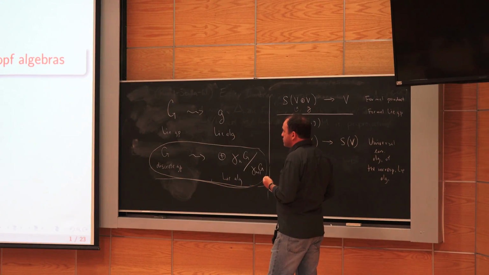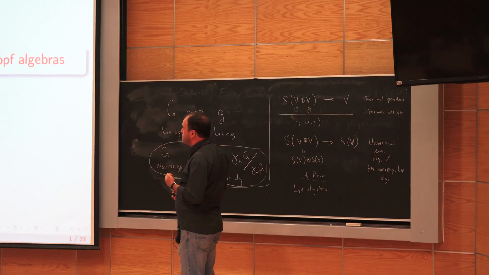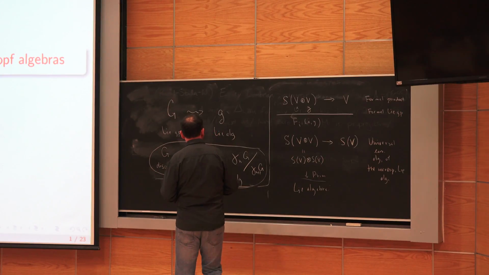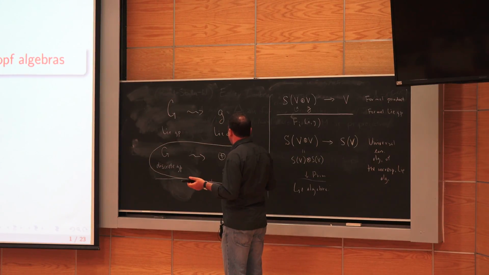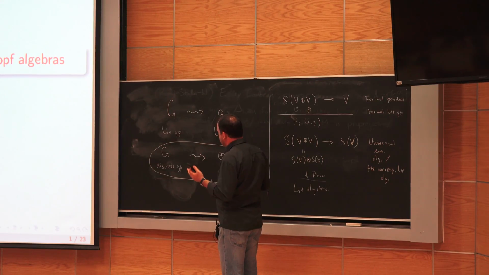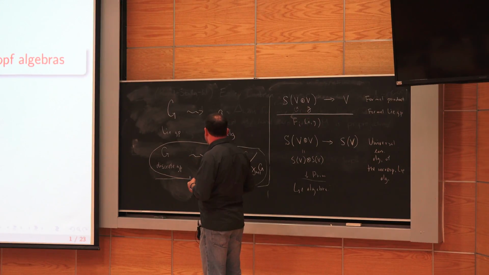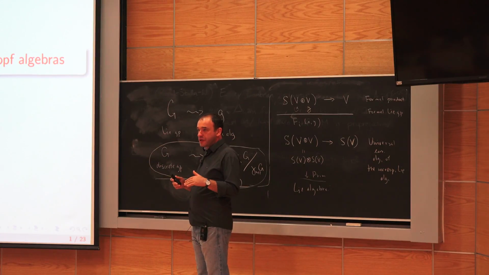And so what I will talk about is how to... I mean, in the end, one can look at this story as some kind of a partial integration of DGLAs, like in degrees 0 and 1.